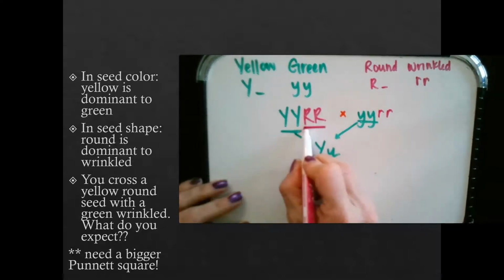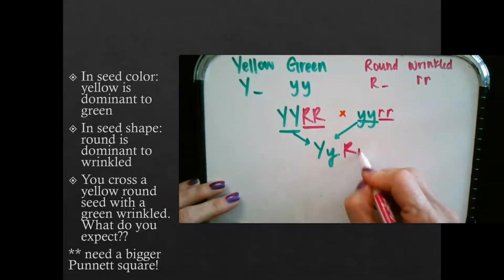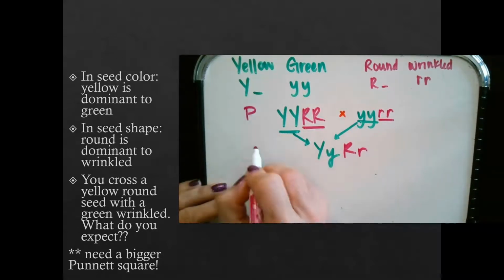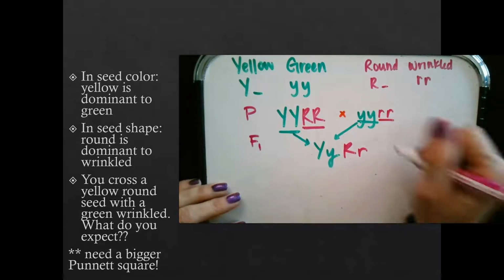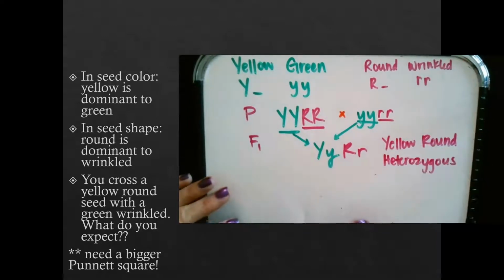From this parent, we contribute a big R. From this parent, a small r. So 100% of my offspring in my F1 generation, so this is my P generation, here's my F1 generation, they're going to be yellow and round, and they're going to be heterozygotes. So that's what it looks like to do a P true breeding to F1 generation.